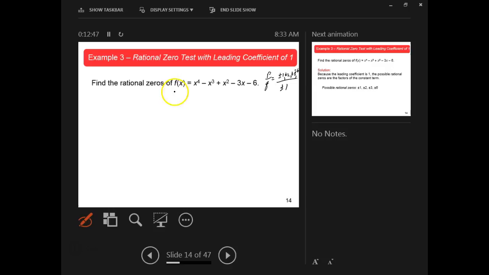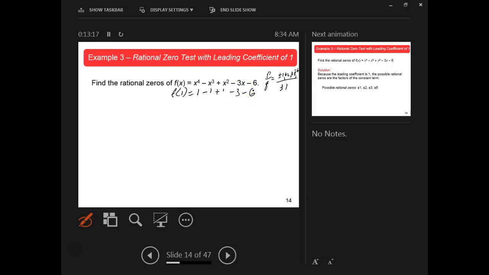That's the easiest way to sample to see if 1 is a rational zero. So let's do alpha of 1. What will that be? 1 minus 1 plus 1 minus 3 minus 6.